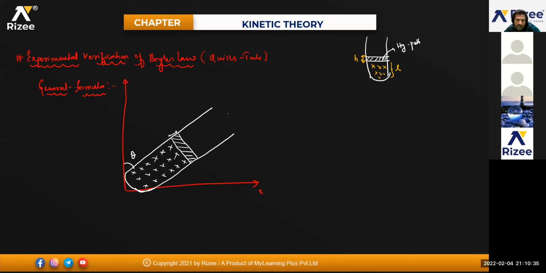The height of this mercury pellet is h, the length of the tube is L, and it is inclined at an angle theta.